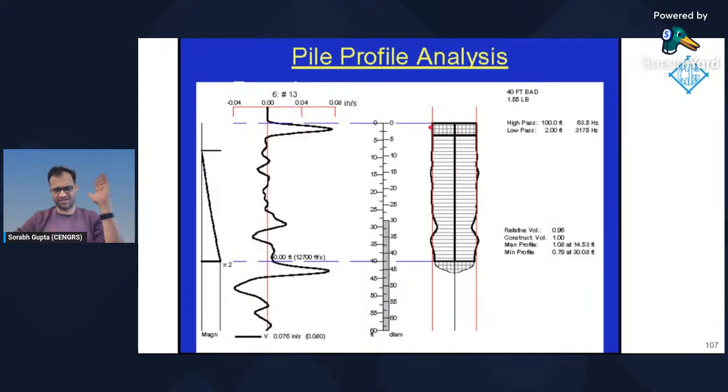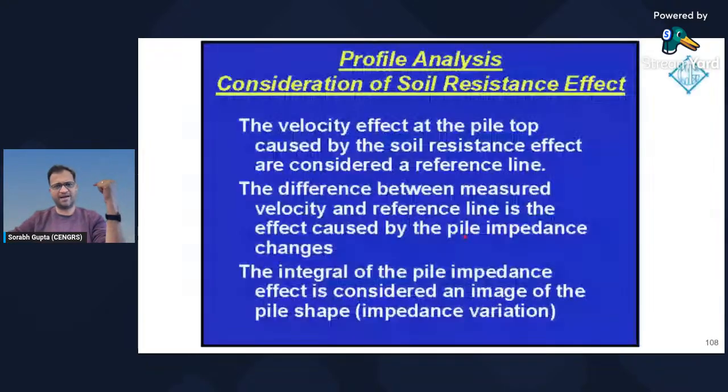The profile analysis actually draws the pile shape, if you will, and models the reduction in impedance as a reduction in the pile cross section. This is great for visualization, because then you can actually see the pile, visualize what the PIT results mean and what my pile might look like. It's just easier to look at.